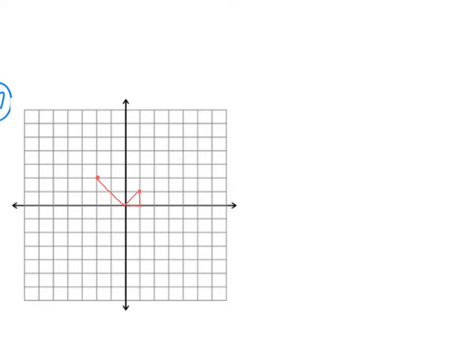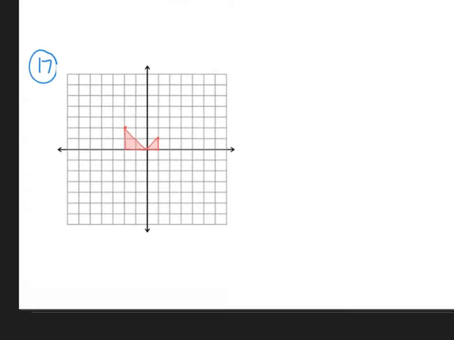Okay, so we have kind of these two areas that we're finding. And so we'll just find each one separately and then add them both up.